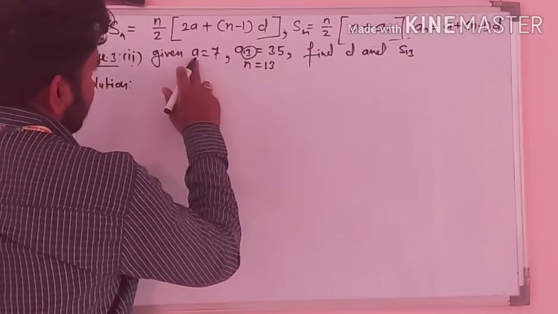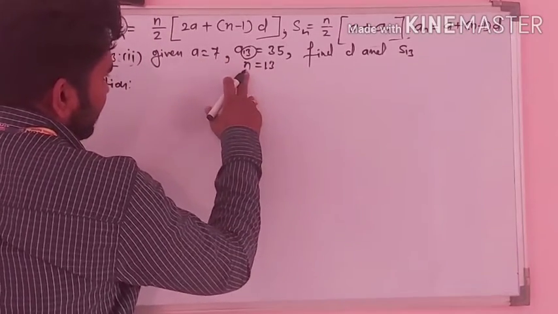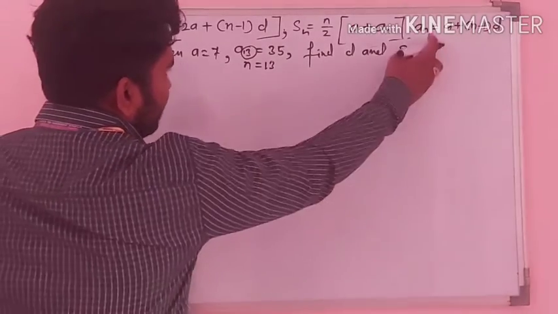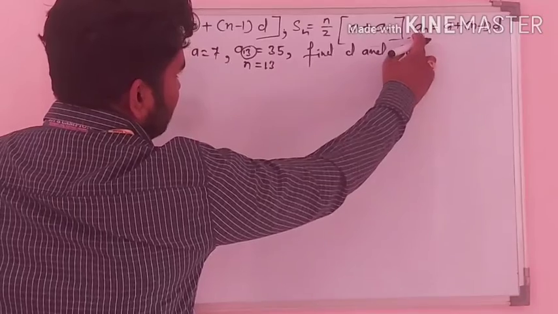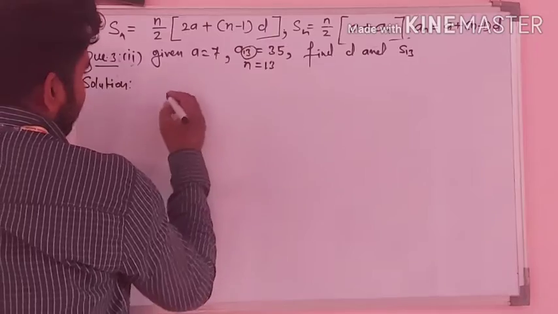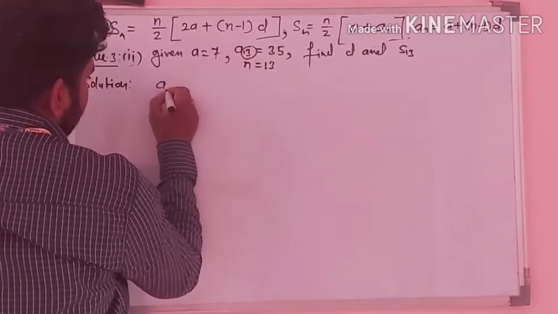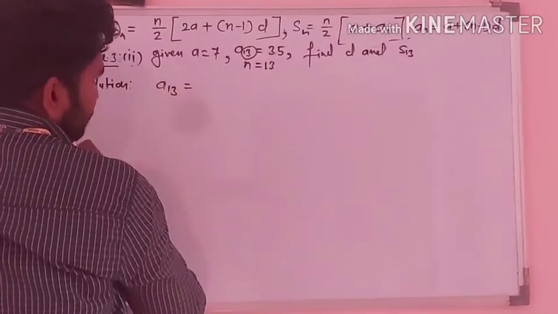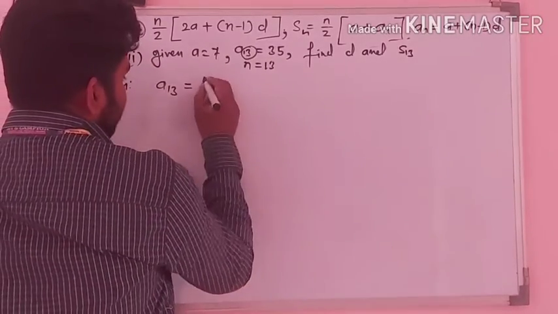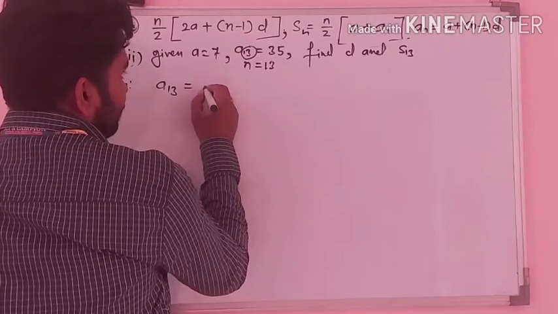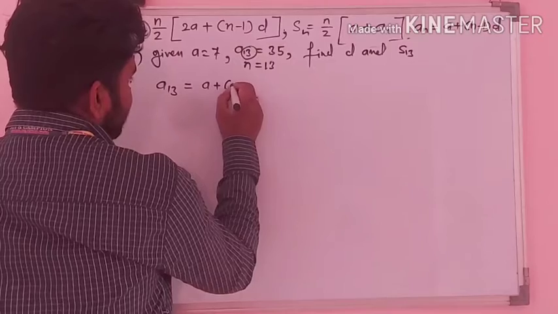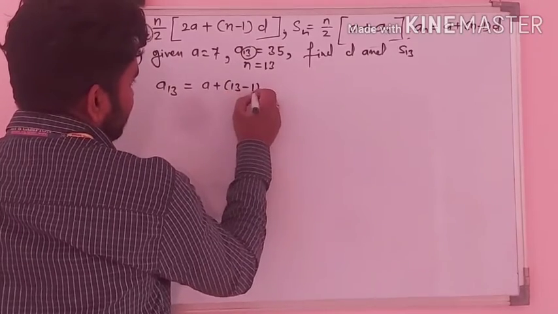Okay, a is known, a13 is known, n is equal to 13, and d and S13. So we are putting the value here. a is known, an is also known. So let's see an. Okay, that means we find a13 directly. A13 is written as a plus n, which is 13, minus 1 d.